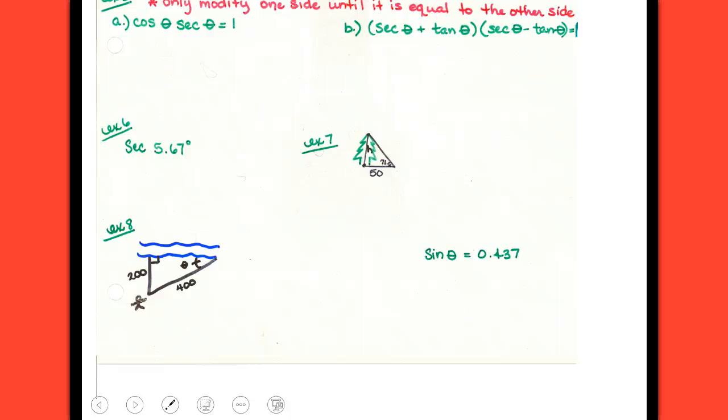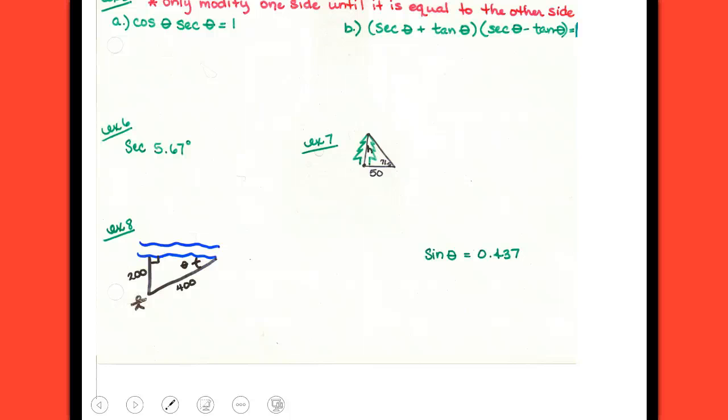For example number 5, it says, use trig identities to transform one side of the equation into the other. Now, when we do this later on, we'll actually spend several days working on transforming one side of an equation into another, very similar to a proof.